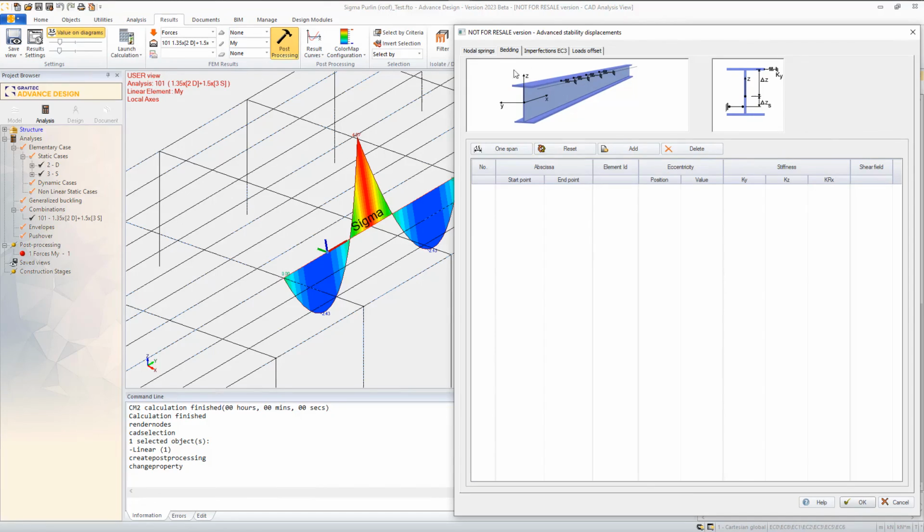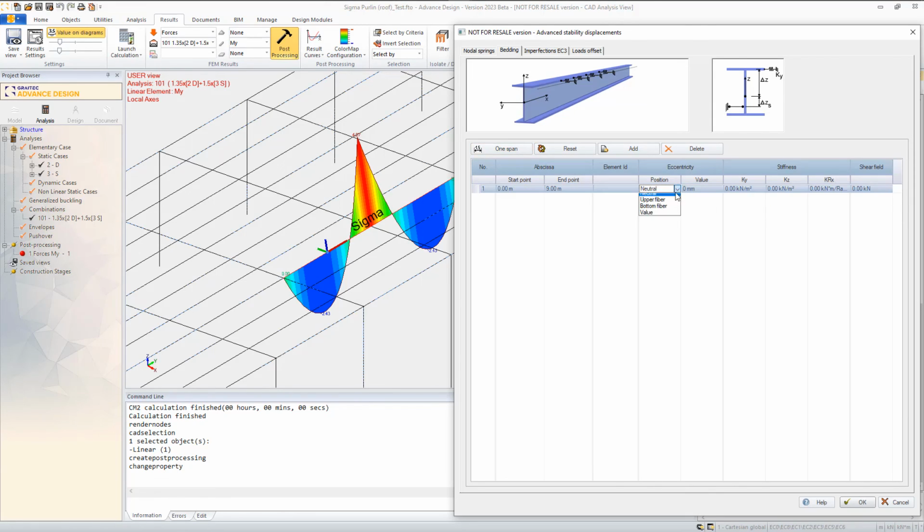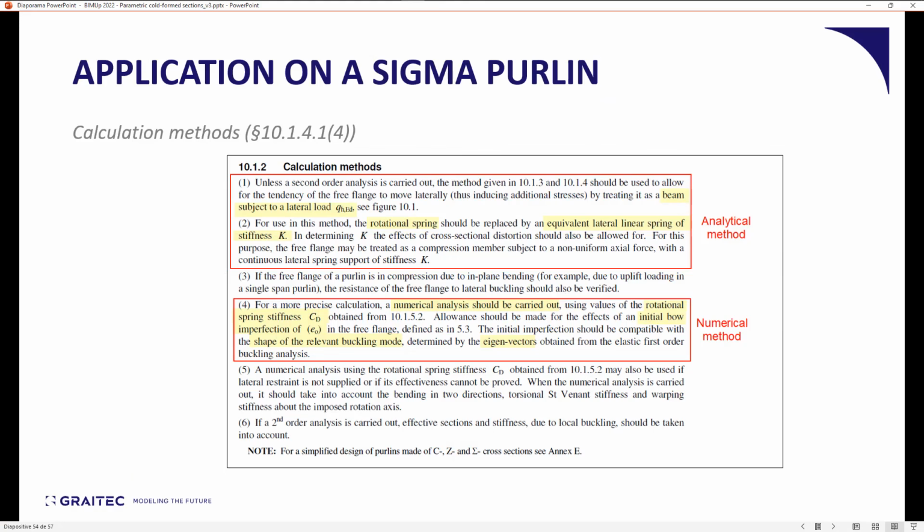But then in the bedding tab you will be able to introduce the roof stiffness. See? So you will place it on the top flange and it will be a torsional stiffness, a torsional restraint. And you can compute that based on the number of connectors per meter of purlin.